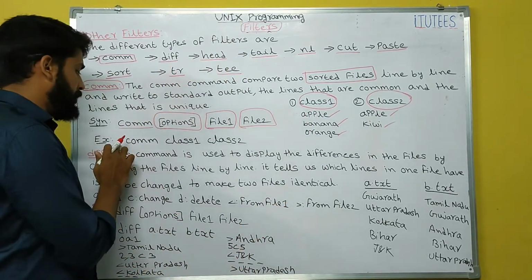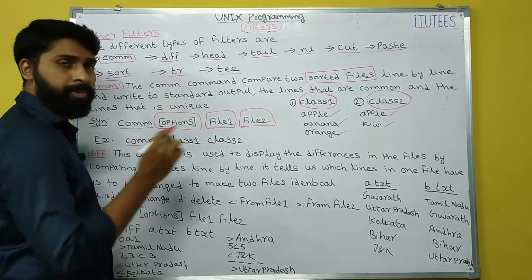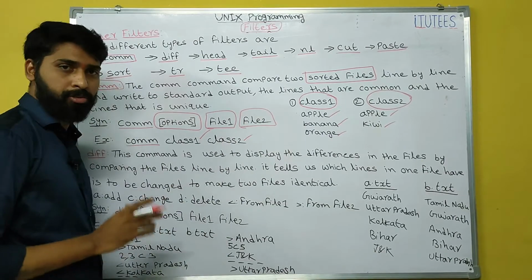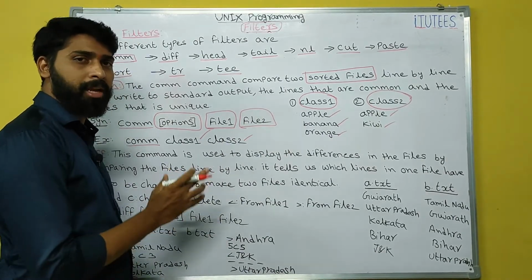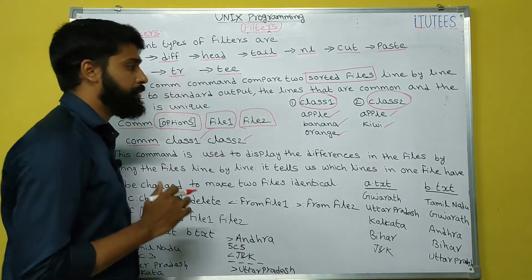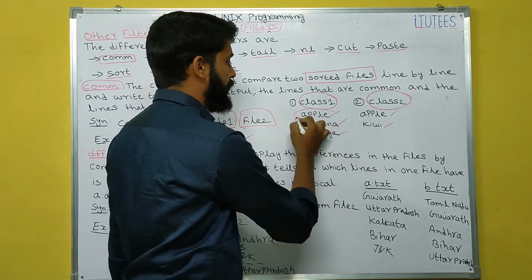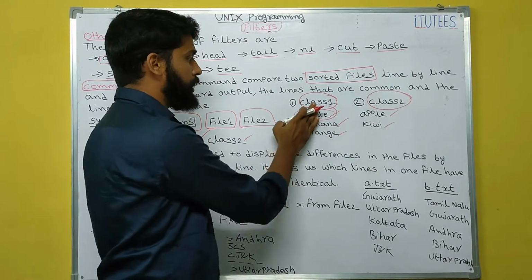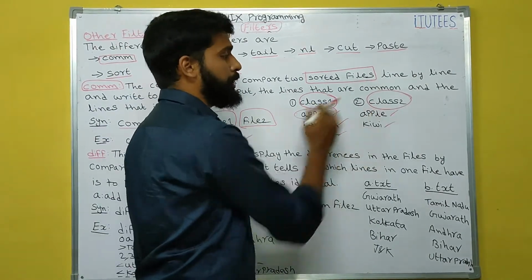Okay, so now we can write comm. The first file name is class1 and the second file name is class2. Now it displays the lines common to both files. So what is common? Apple is common. Banana and orange are unique to the class1 file and kiwi is unique to class2.